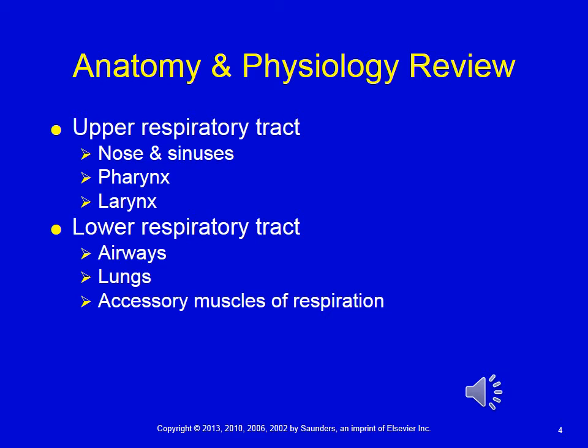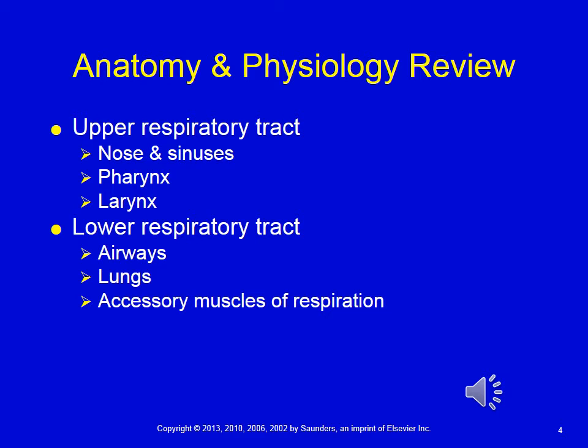The larynx is the voice box and is located above the trachea, just below the throat at the base of the tongue. The larynx is composed of several cartilages. The thyroid cartilage is the largest and is commonly known as the Adam's apple. The cricoid cartilage, which contains the vocal cords, lies below the thyroid cartilage.